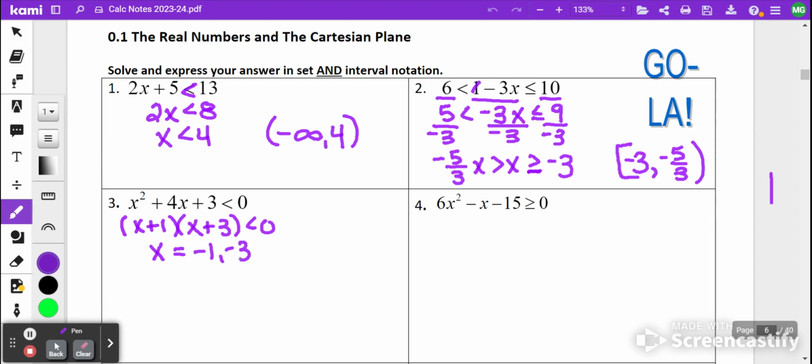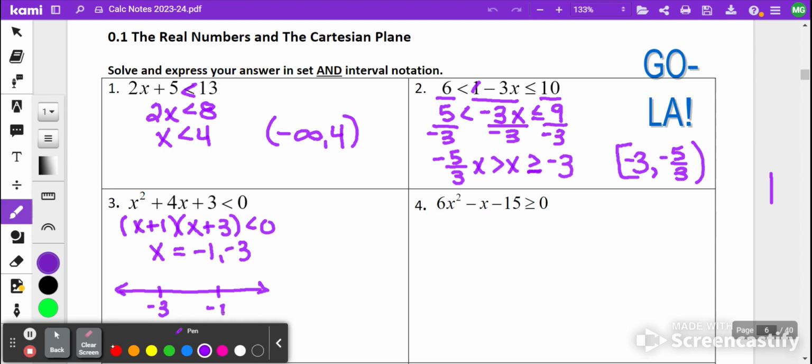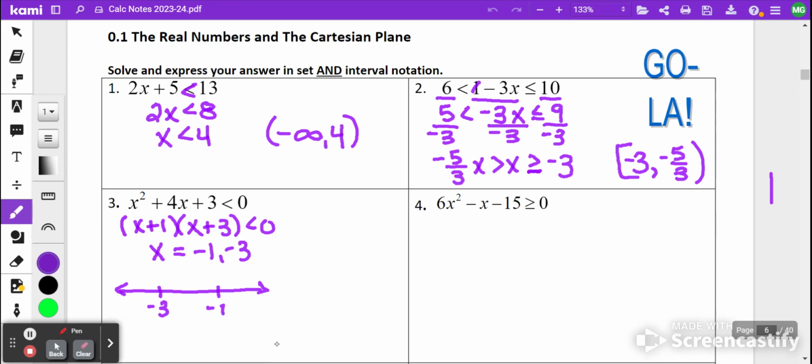Seeing that we're dealing with an inequality, what we have to do is look at a number line, put these numbers on the number line, and figure out which region or regions will give us a true statement. One thing that I would have you notice is that the symbol here is less than, which means the x can't actually be equal to negative 1 or negative 3.